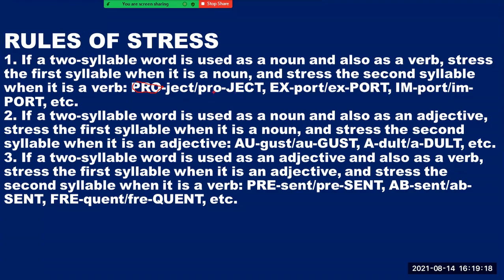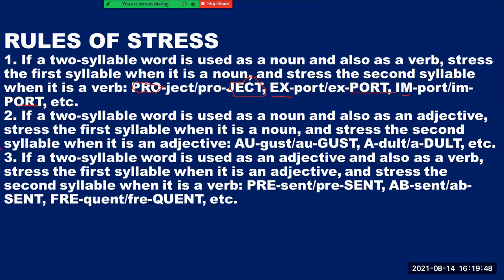If we want to use it as a verb, then we stress the second syllable. The same thing you have in exports, imports. You have other words like convict, present, conduct, and so on and so forth.